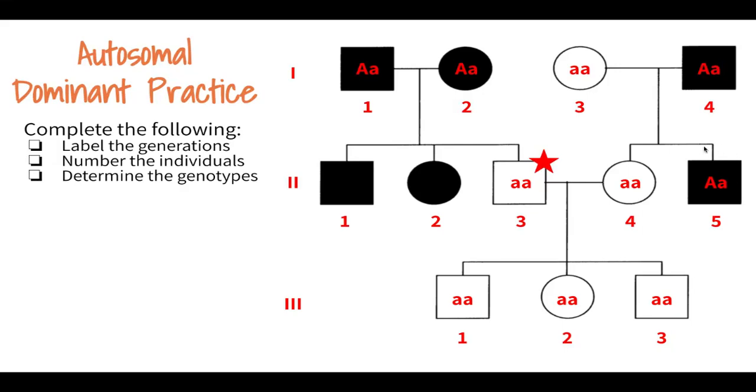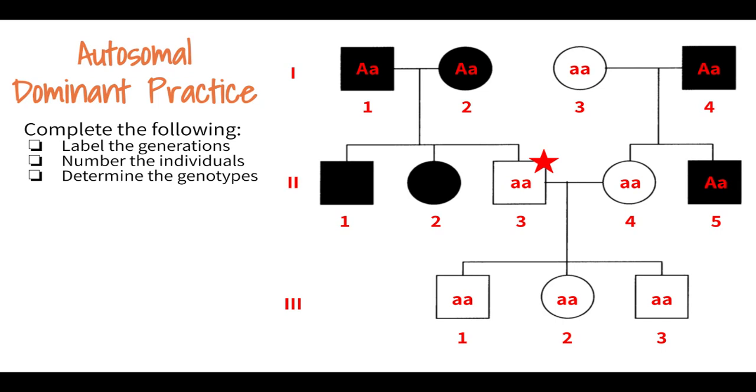We also know that this individual right here is heterozygous because they're shaded, meaning they have the dominant trait. But since they have one parent who can only pass on a recessive allele, that's how we knew they were heterozygous as well.